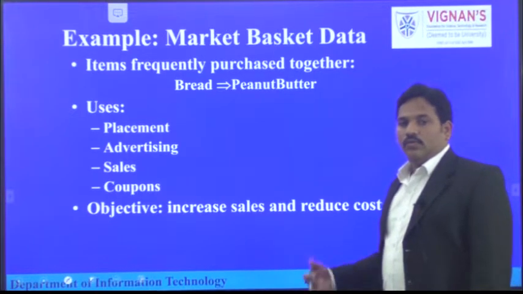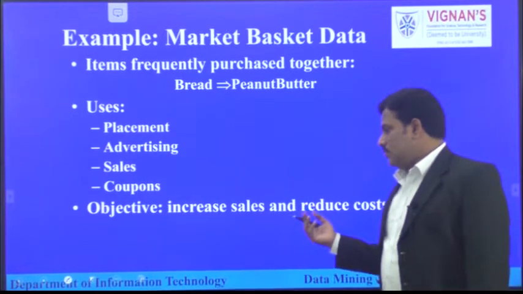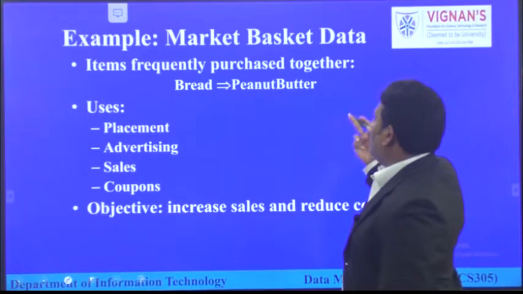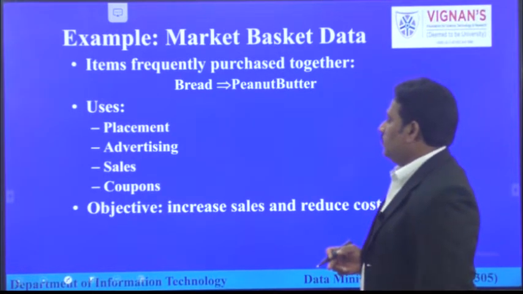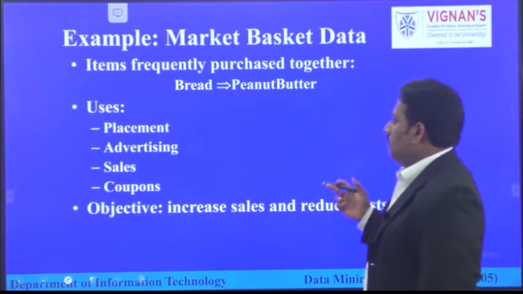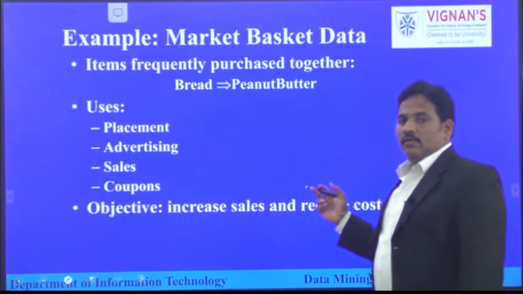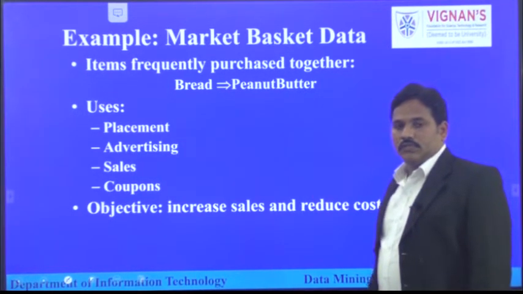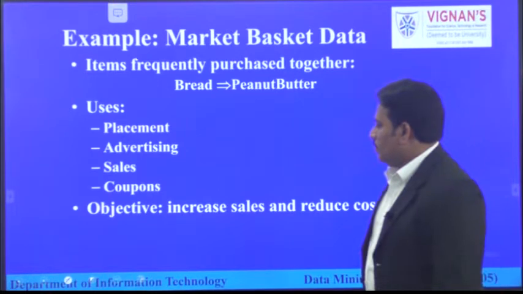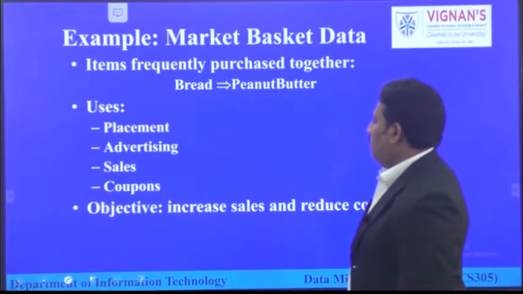Based on that, we can increase the business. So market basket analysis is one of the commonly used areas or domains of association mining approaches.